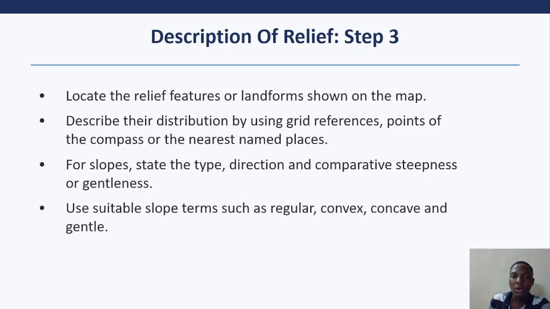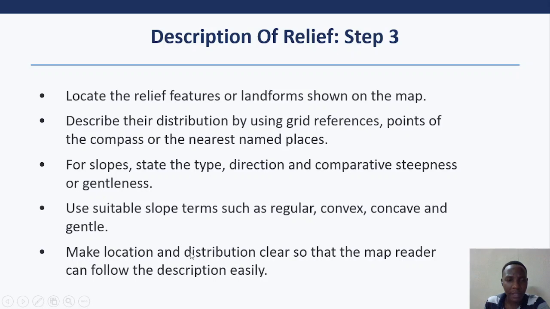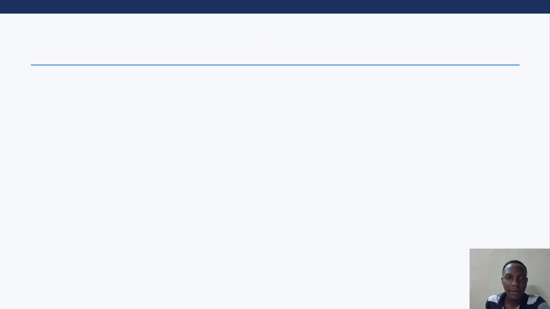Then use suitable slope terms such as regular slopes, convex slope, concave slope, and gentle slope. Make your location and distribution clear so that the map reader can follow the description easily. That's the other point you have to note in this third step.